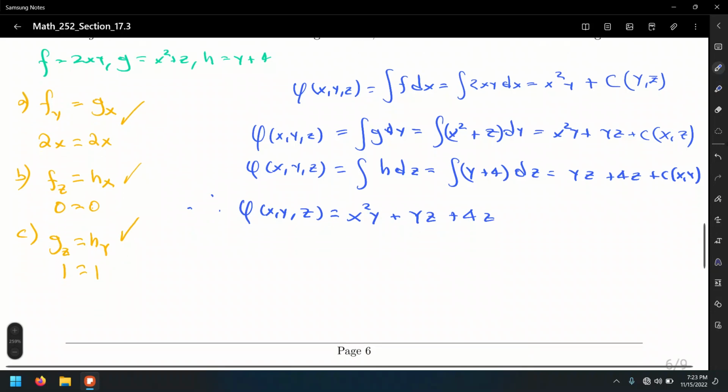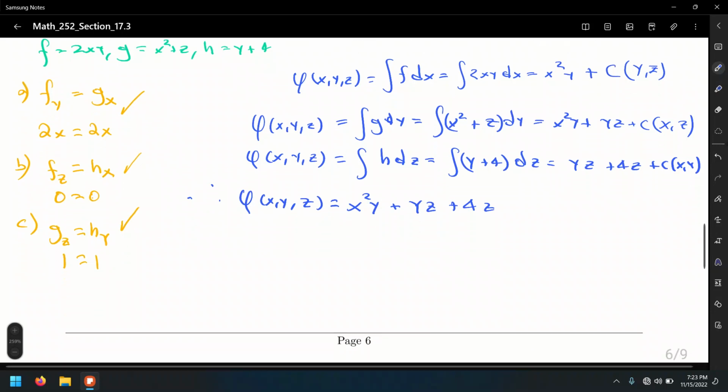So, this means that our integral of f dr, and again without parameterizing anything, just using the fundamental theorem, that's going to be phi of the endpoint, the final point, minus phi evaluated at the initial point, which is 1, 0, 0.